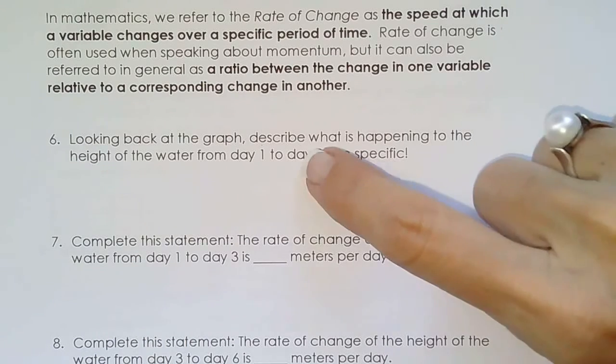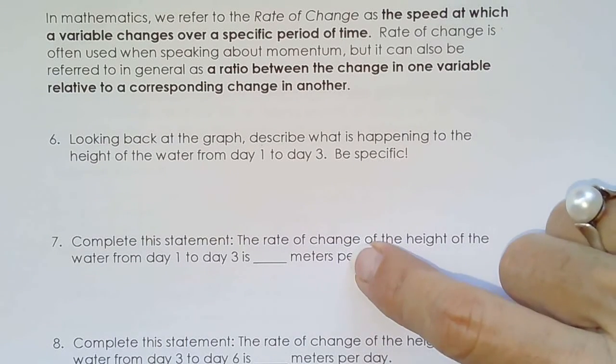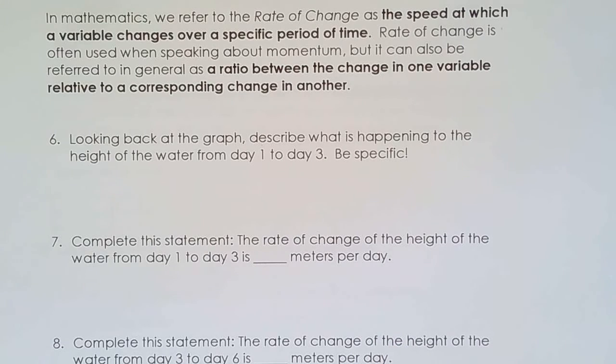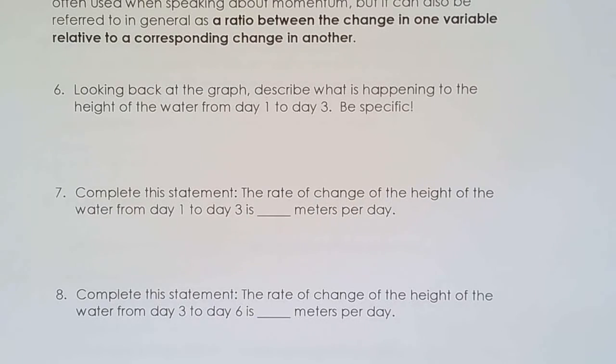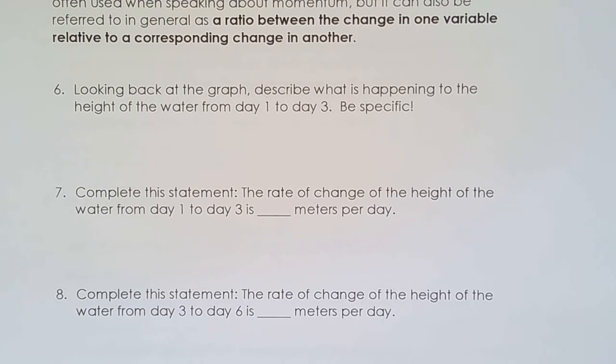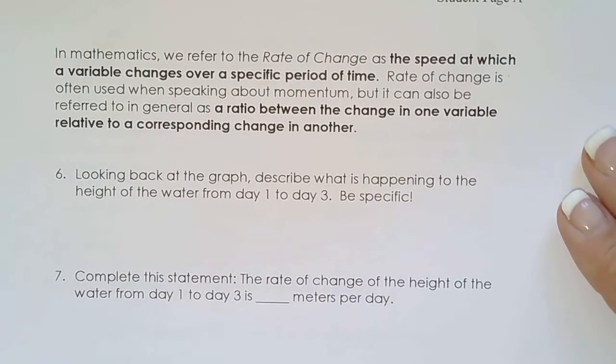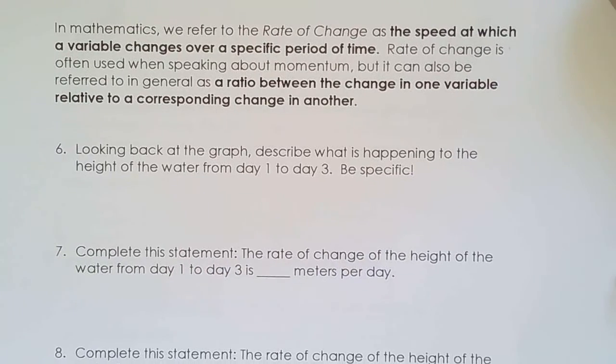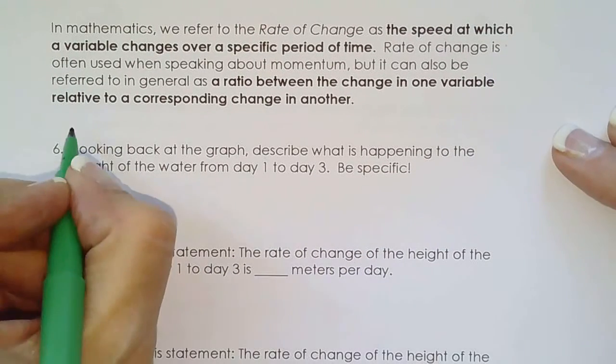So as you look down here, you'll see per. So they're using per because they're asking about rate of change. So rate of change and speed and slope are always going to have the word per in them.